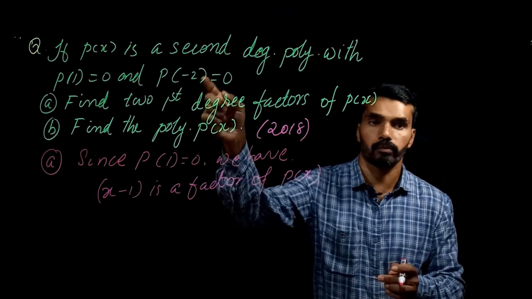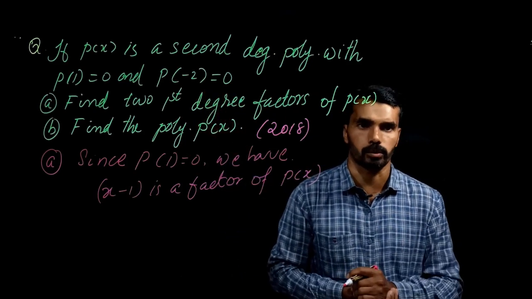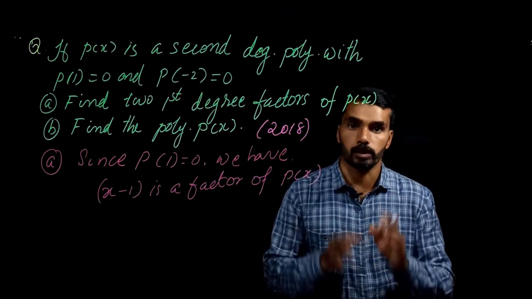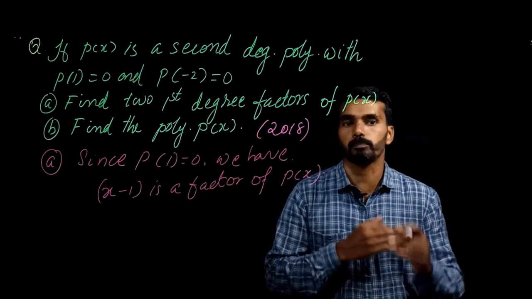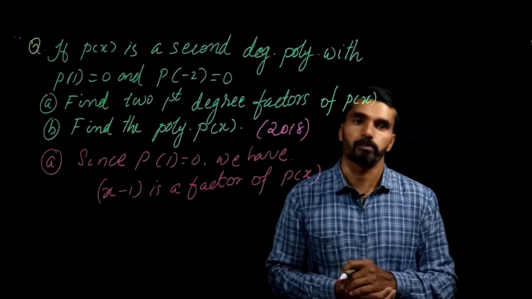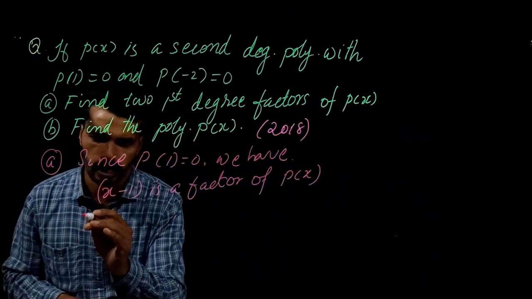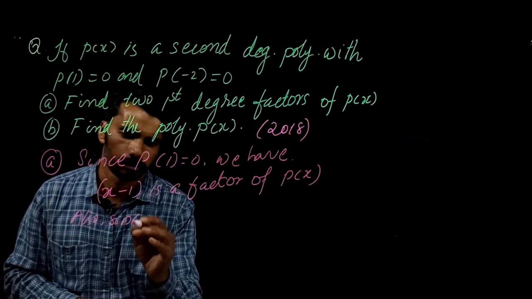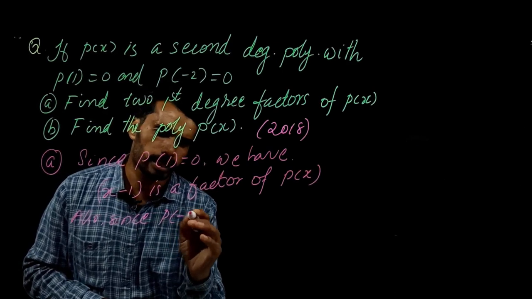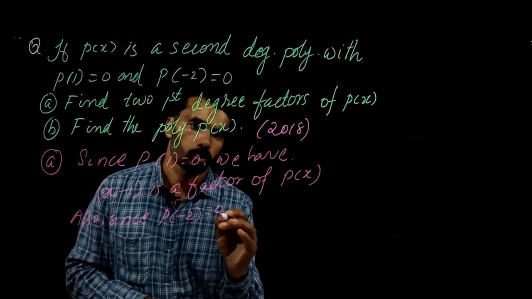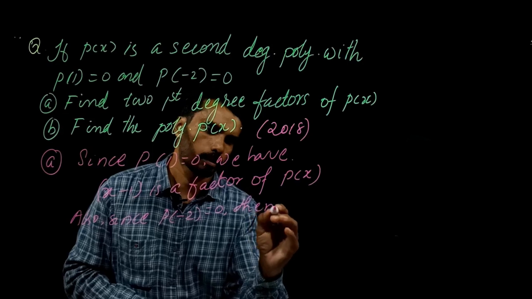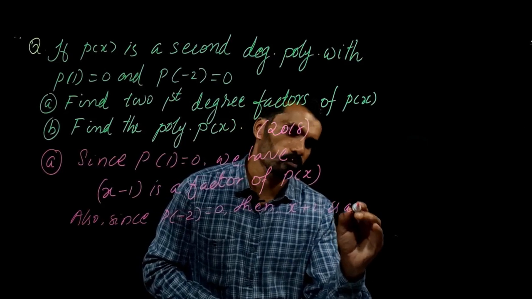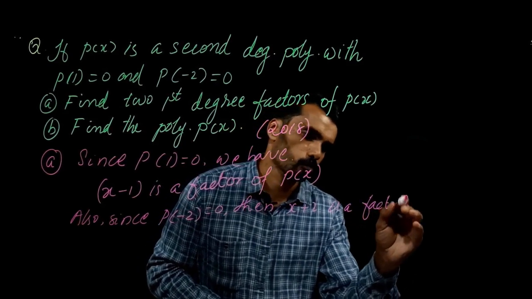Similarly, we are given that p of minus 2 is equal to 0. If p of minus 2 is equal to 0, then x minus minus 2, that is minus minus becomes plus, so x plus 2 is a factor of p of x. That is also, since p of minus 2 is equal to 0, then x plus 2 is a factor of p of x.